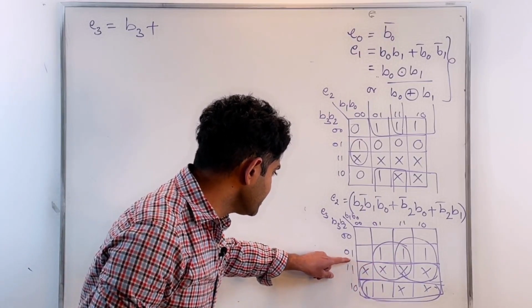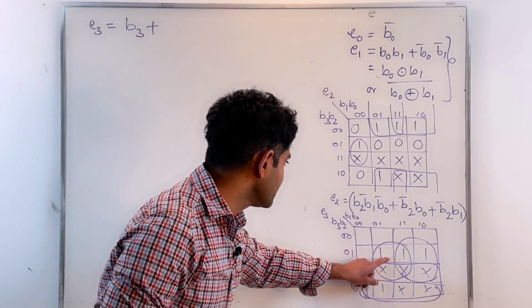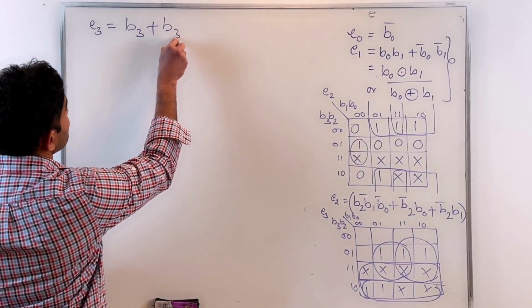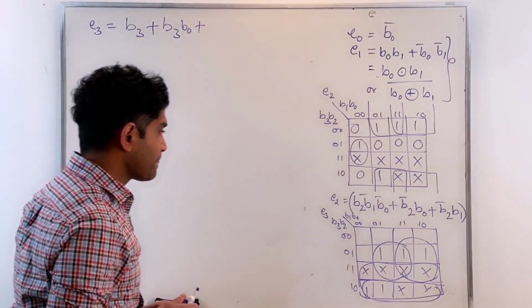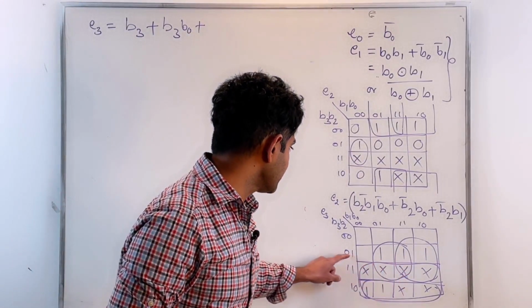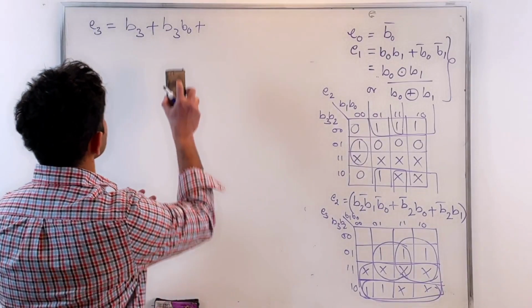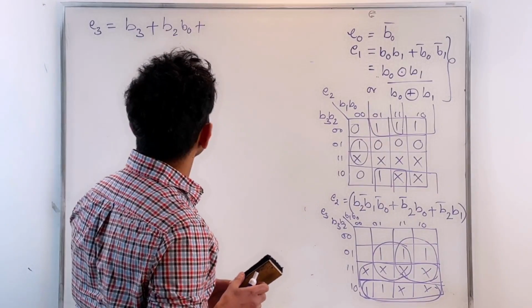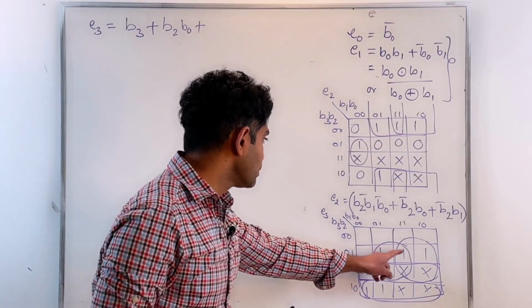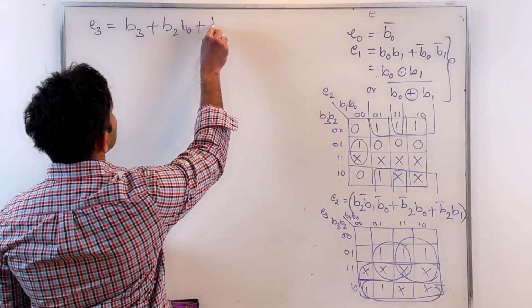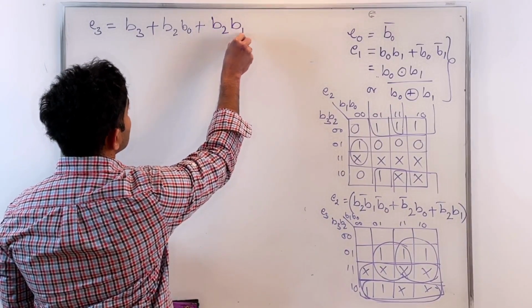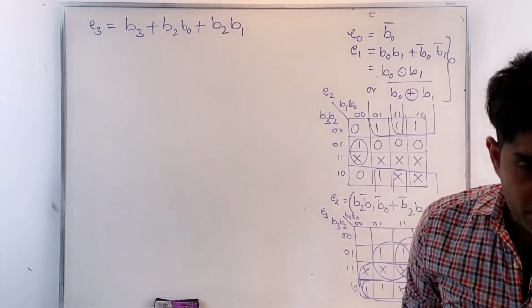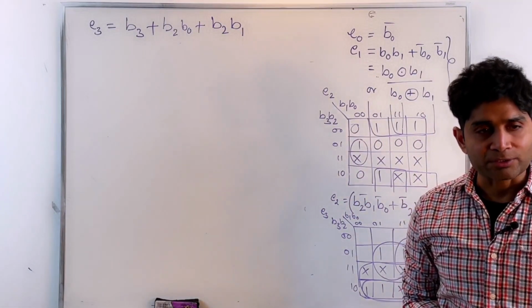Going from here to here, that's B2, B0. I'm sorry, that's B2, not B3. B2, B0 plus B2, B1. Okay. That's it.